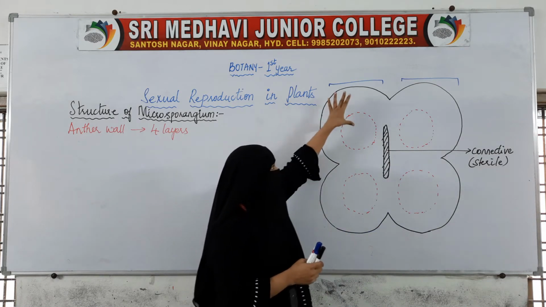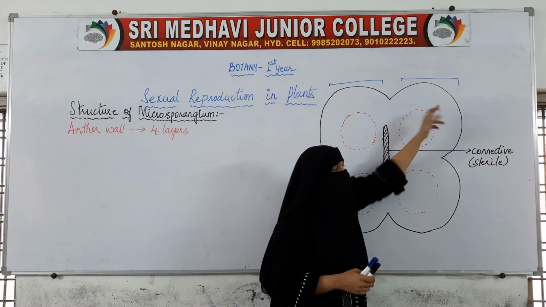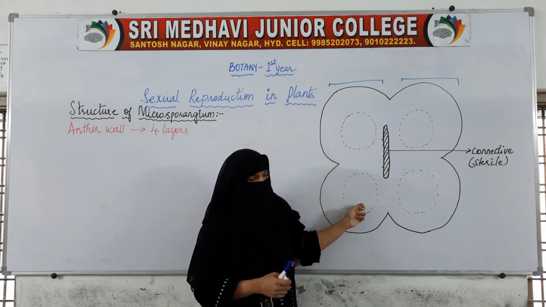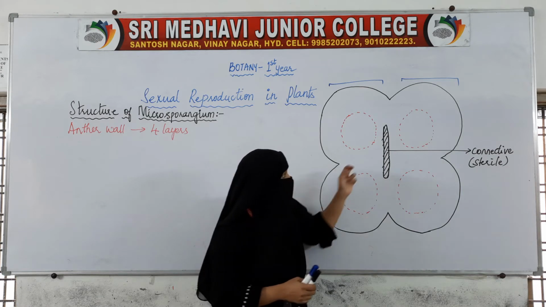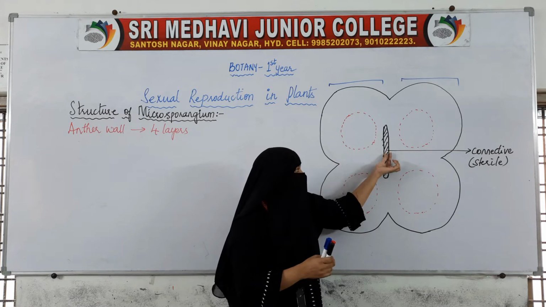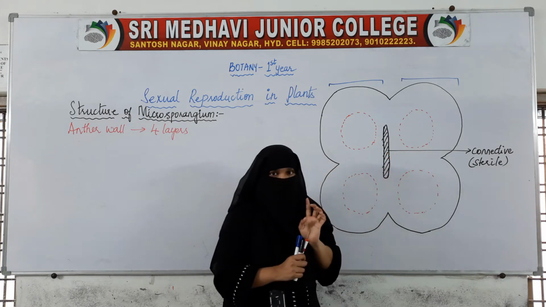So each anther has two lobes. This is one lobe and this is another lobe, and inside each lobe two sac-like structures are present. These are called microsporangia. The two lobes are connected with the help of a sterile tissue called the connective.